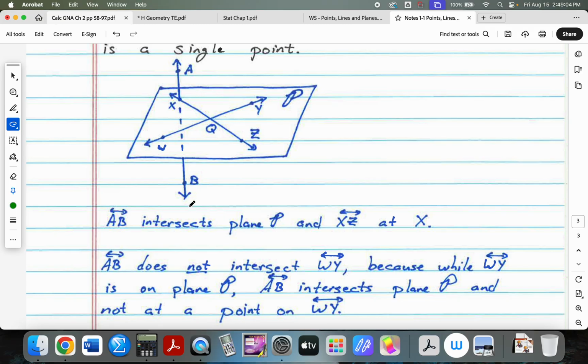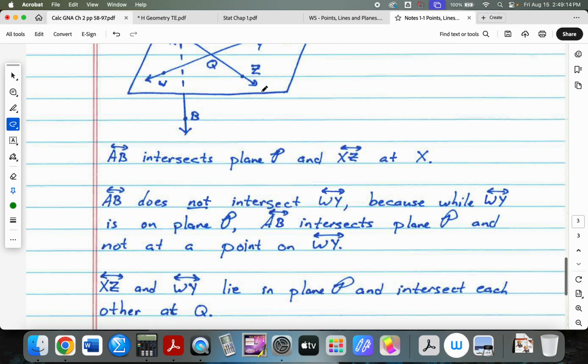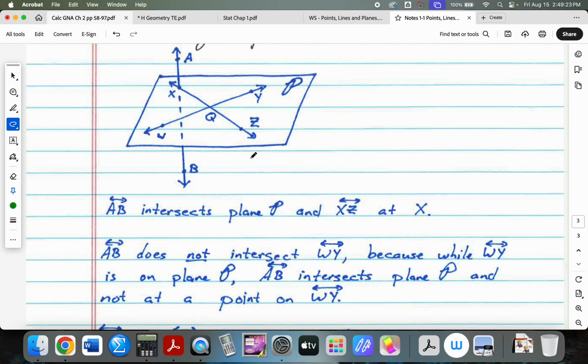Where line AB intersects plane P is on line XZ, not on line WY. And we already talked about this. Line XZ and line WY lie in plane P and intersect each other at Q. So they intersect here at point Q.